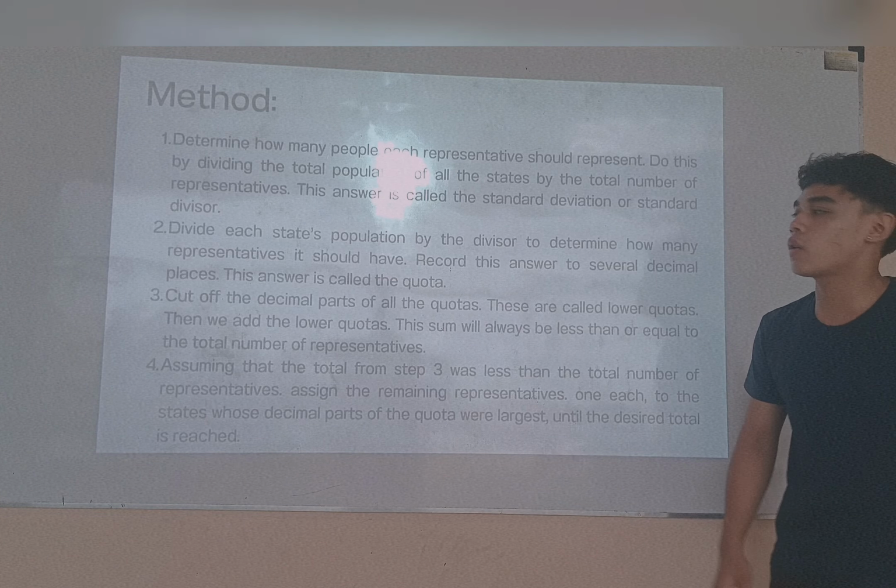Example number 1. Consider a country with 4 states and 30 seats in Congress and population distributed as in the table below. So in our slide before, step 1 is we need to determine how many people each representative should represent. Do this by dividing the total population of all the states by the total number of seats. This answer is called the divisor.